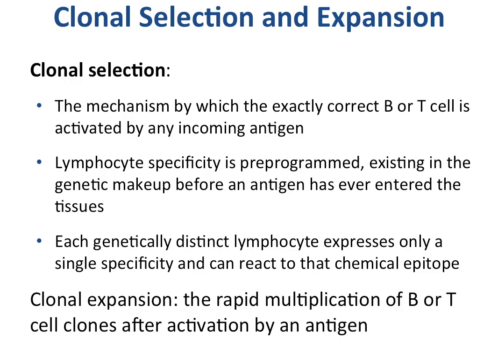Clonal selection is involved in T cell and B cell differentiation. Once the T cells and B cells are produced, they have to be selected for maturation. Our body uses clonal selection to select the good T cells and B cells for maturation.